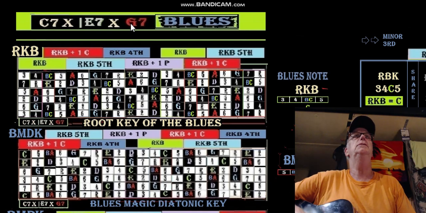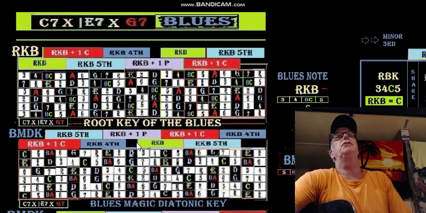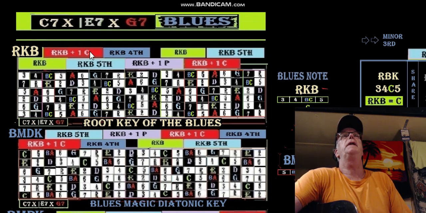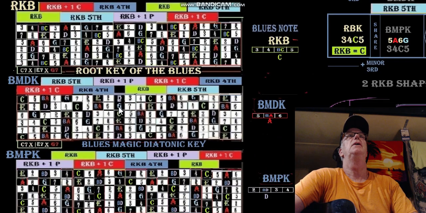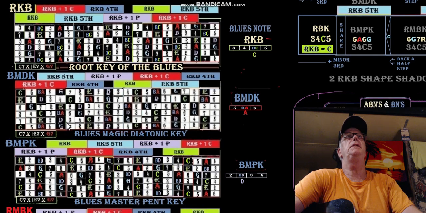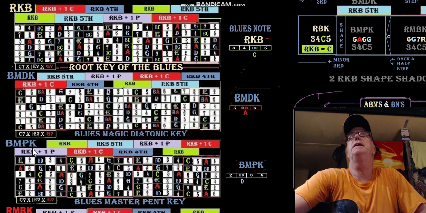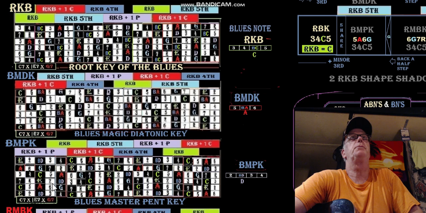What we do is we can actually shadow that same shape in various locations, and it happens to be that we can do it in the Blues Master Pent key. We can shadow it pretty close right up here, almost as if it was a CAGED advance, but it's not a CAGED advance.